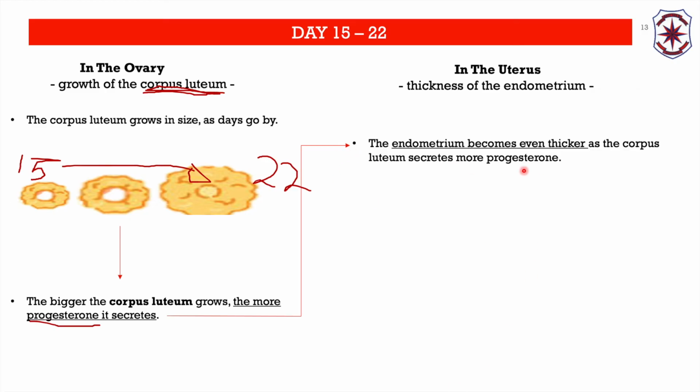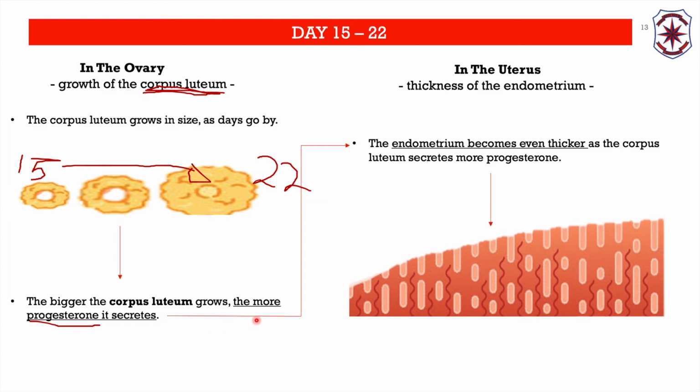Remember, which hormone started the thickening of the endometrium from day 1? That was estrogen. So from day 1 to day 13, estrogen starts the process of thickening the endometrium, and progesterone secreted by the corpus luteum further thickens the endometrium, meaning it makes it thicker and thicker.